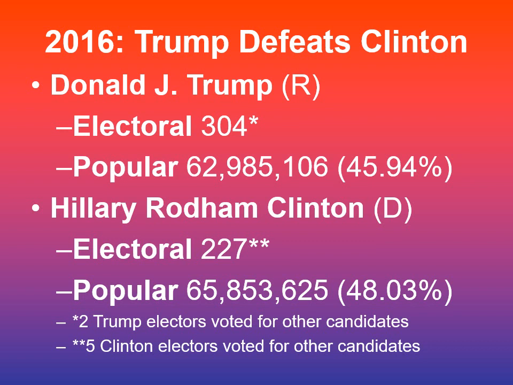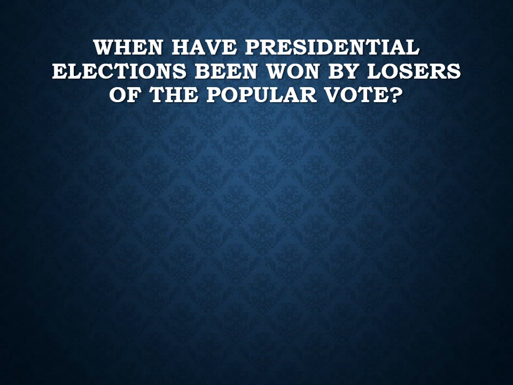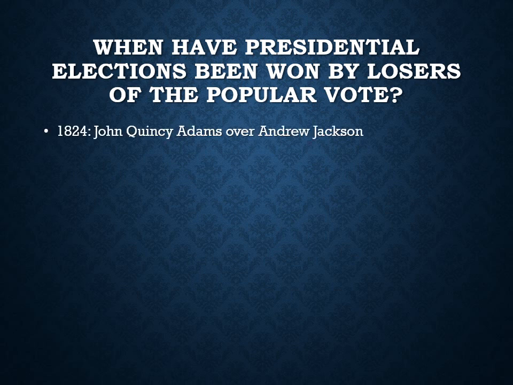Now, we're going to be going into that in a bit more detail. Has that ever happened before in American history? Yes. It's happened 5 times in total. In 1824, Andrew Jackson got more popular votes, but John Quincy Adams was chosen by the House of Representatives. In 1876, Rutherford Hayes lost the popular vote, but became president.